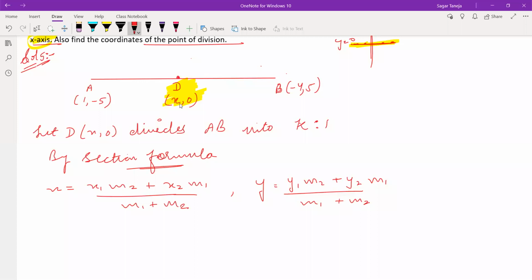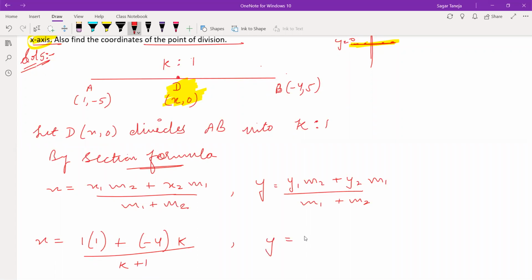Now we do not know the value of x, and we have assumed that the ratio is k to 1. So let us put the values. x1 is 1 and m2 is 1, plus x2 is minus 4 and m1 is k, then m1 plus m2 means k plus 1.